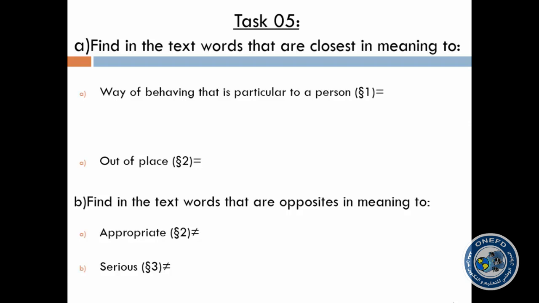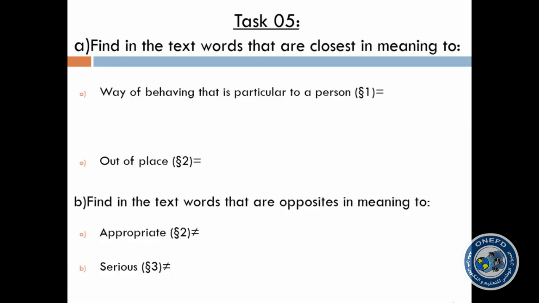So you have to find a synonym for expression A, way of behaving that is particular to a person, and you'd find this word in paragraph 1. So go back to paragraph 1 and find the word that corresponds to this definition. And B, out of place, you would find the word that corresponds to this expression in paragraph 2.